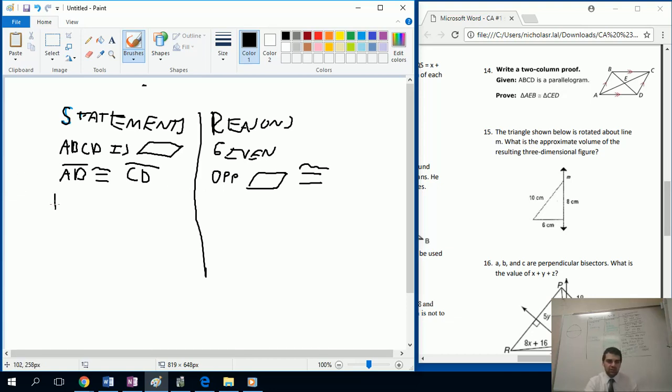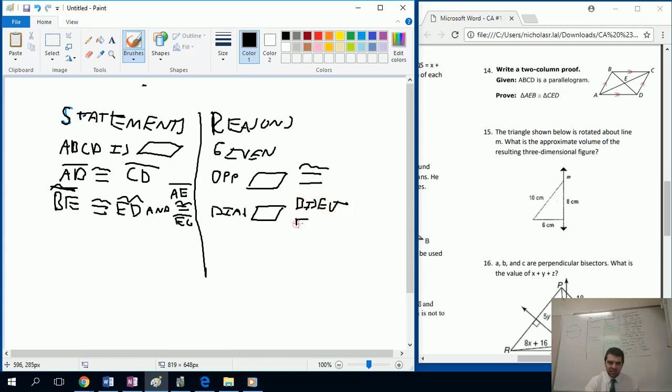Additionally, line segment BE is going to be congruent to line segment ED, and AE is going to be congruent to EC, and these are line segments because diagonals of parallelograms bisect each other.